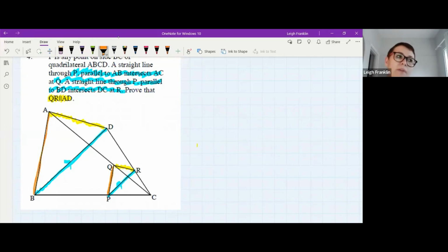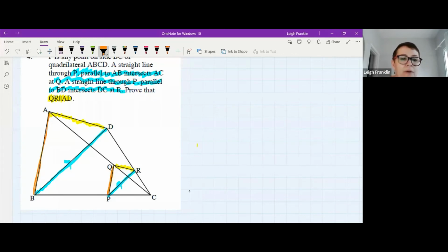Now, the reason why they tell you that lines are parallel to one another is because they want you to work with proportionality intercept theorem. What you want to do is, after you have highlighted the parallel lines, highlight the triangle that you can work in.